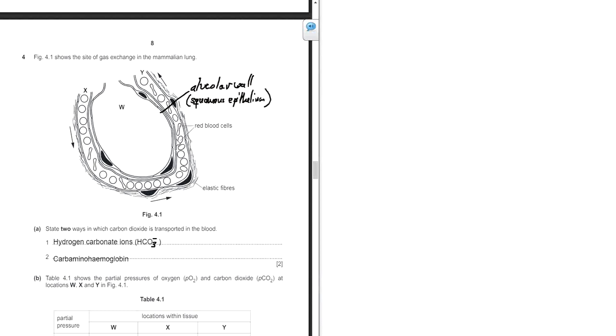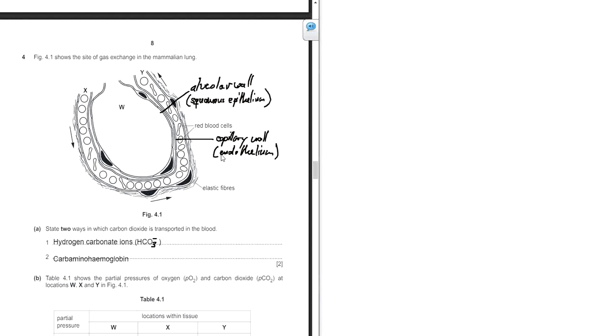And across the second layer of cells, which is the capillary wall, which is an endothelium.